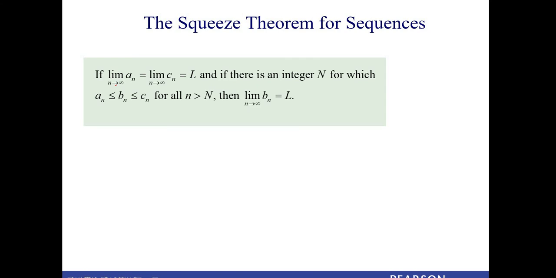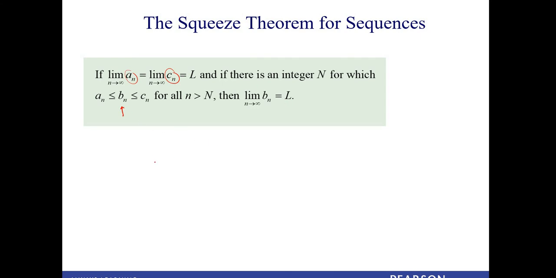The squeeze theorem. We're going to look at this a little bit. If the limit of a sub n is equal to the limit of c sub n, and they both have the same limit, so in other words, one sequence and a different sequence have the same limit, and if there's an integer n, large number, for which a sub n is always less than b sub n is always less than c sub n, in other words, if b sub n is always between these two, for all n's greater than this large number, then the limit as n approaches infinity of b sub n must also be L. So let's look at this.